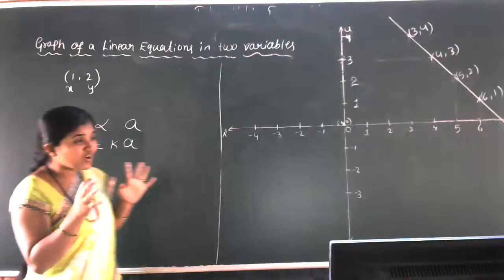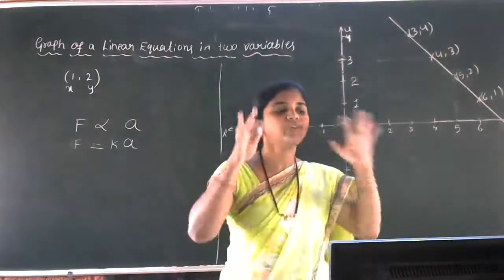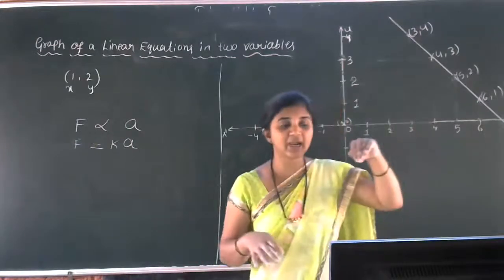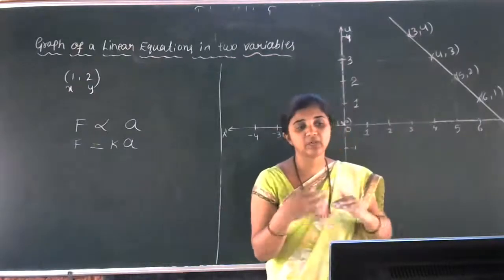Now we are not using F and a in our linear equations in two variables. Now we know only x and y. We take the force applied on a body as y, and the acceleration as x.